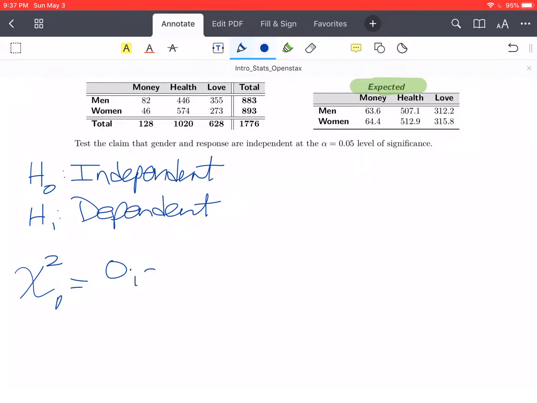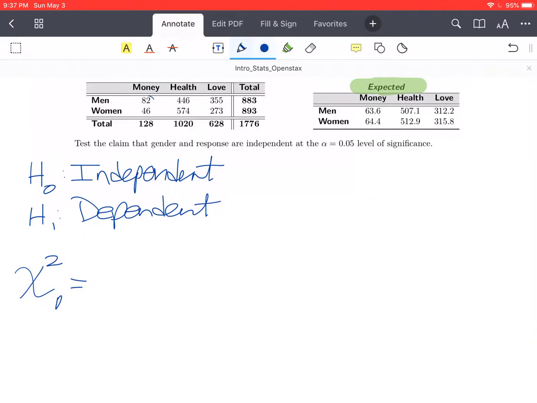So it's observed minus expected squared over expected, and then add up all of those terms. So let's go ahead and do that. I'm just going to show you a few, but then we would just obviously keep going with the process.